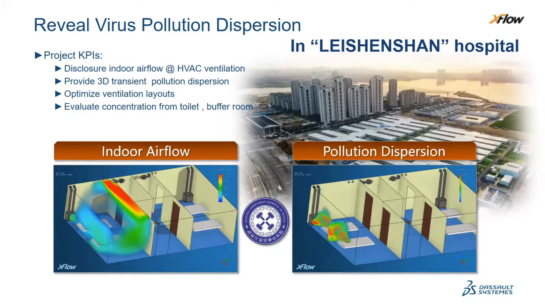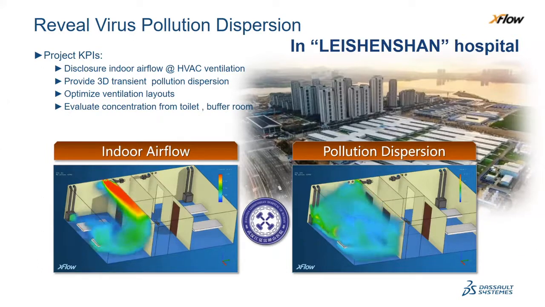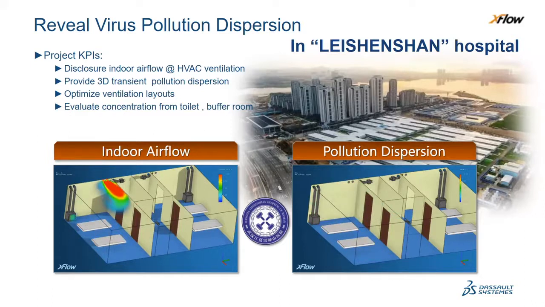It was requested to finish the project within 12 days, I mean the whole production, everything. And Dassault Systèmes worked with our client in designing the hospital using our lattice Boltzmann solution, which is the LBM approach. The goal here was to perform the pollution dispersion simulation and generate the analysis report to adjust the HVAC system if there was any issue. So that's one of the good examples that we can share with you.